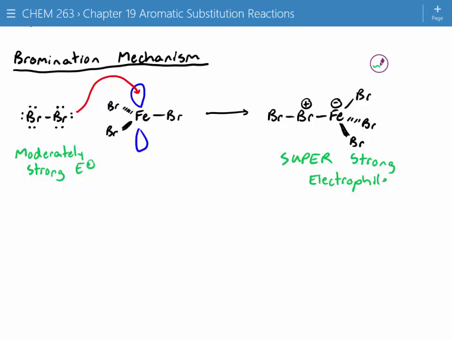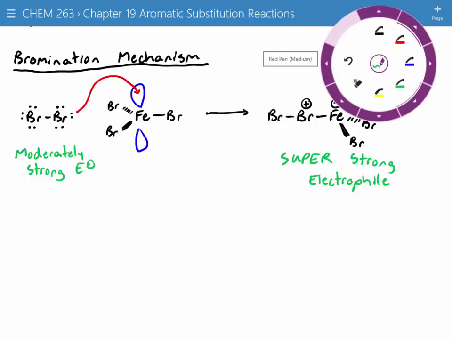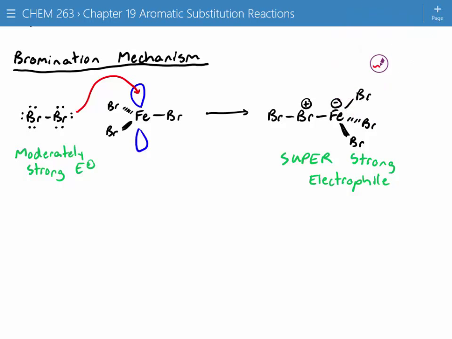That bromine in particular is not very happy with that positive charge, right? It's an electronegative atom, which means that it's going to be pulling a huge amount of electron density away from its neighbors. In particular, that bromine on the end right here is going to be very, very electrophilic. It wants to pop off to alleviate that positive charge on that bromine. So now we've turned bromine from a moderately strong electrophile into a super strong electrophile.